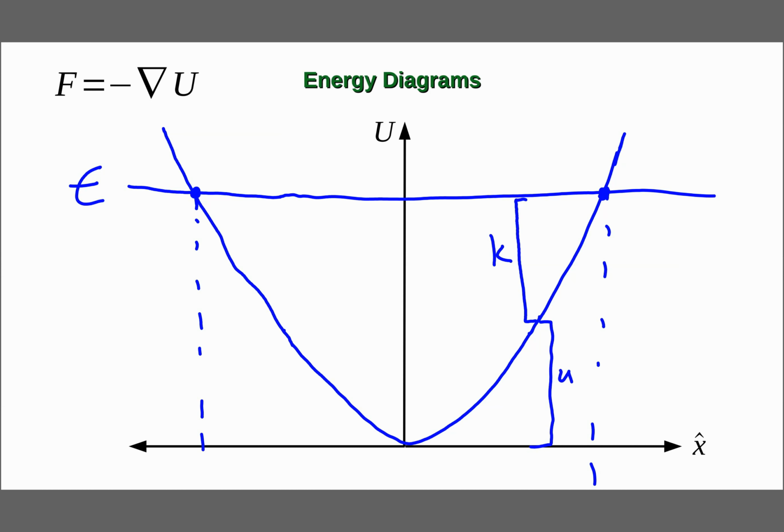The maximum kinetic energy that the object can have will be all of the total energy, which occurs right here at the bottom, okay? Where the slope of this curve is zero, a local minimum. This means the potential energy is zero, and it's all kinetic energy, okay?